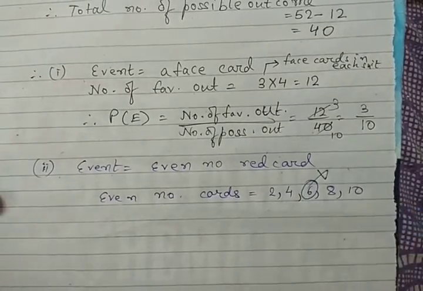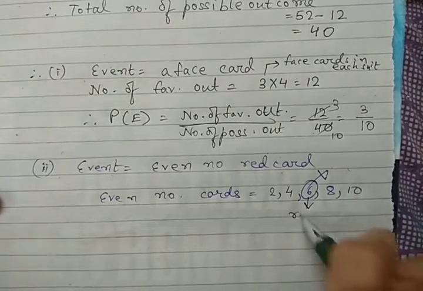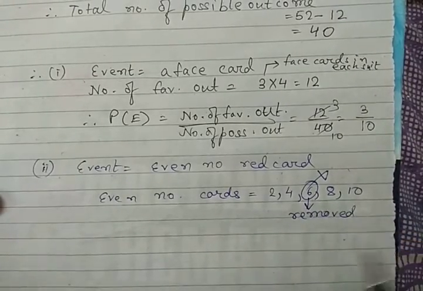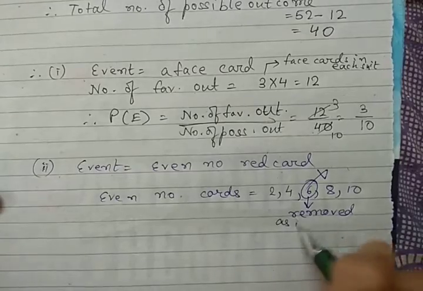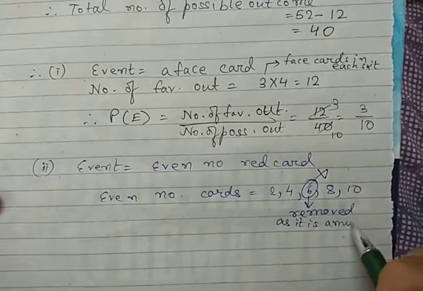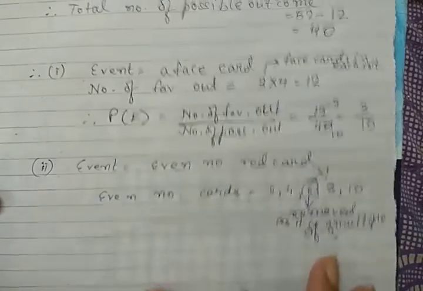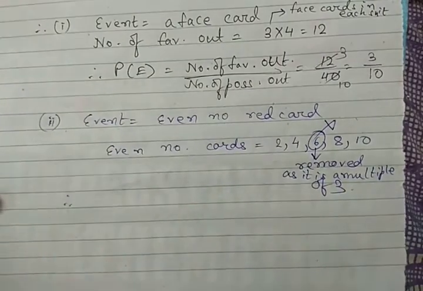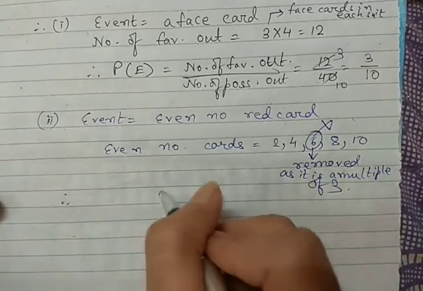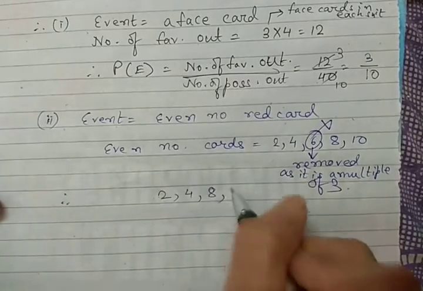But 6 cannot be considered. Why? Because 6 has been removed, as it is a multiple of 3. Is it clear to everyone? So the even numbered cards now are 2, 4, 8 and 10.